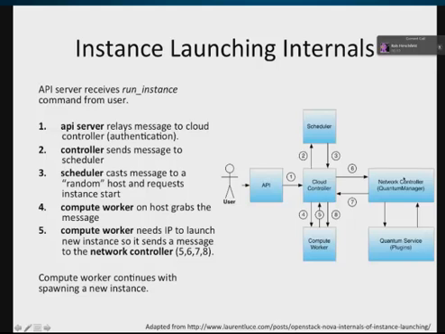There's a function within all of the network controllers called allocate for instance, and there's a deallocate for instance. Allocate for instance sets up all the networking functionality for that particular instance. That's like the bootstrapping layer, the very first part of the network connectivity for that particular node. And then you get the response coming back to the compute worker. And that's pretty much it.